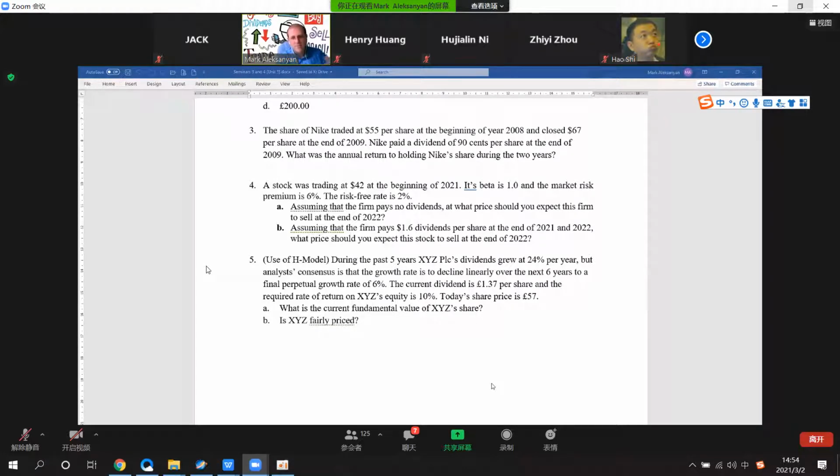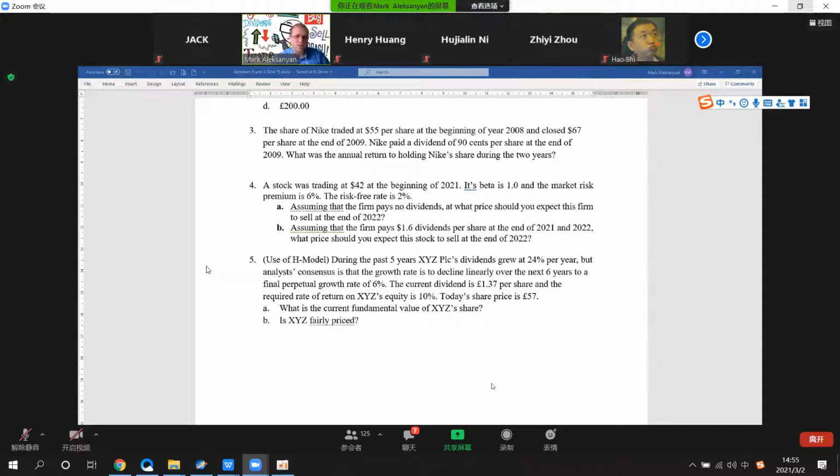Then in a linear fashion the growth rate will go down to 6% over a 6-year period. So essentially your g is not constant, but drops from year to year in a linear fashion. And then starting from year 6, it just stays at a constant growth rate of 6%.